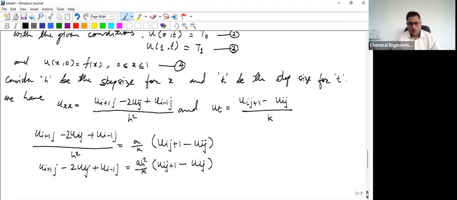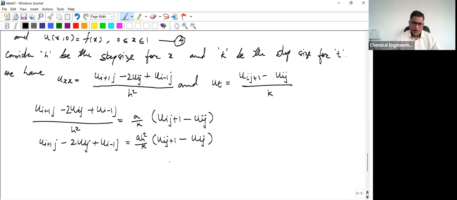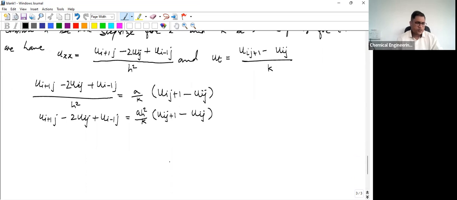If we make this as one constant, let us put a h square by k is equal to 1 by lambda.